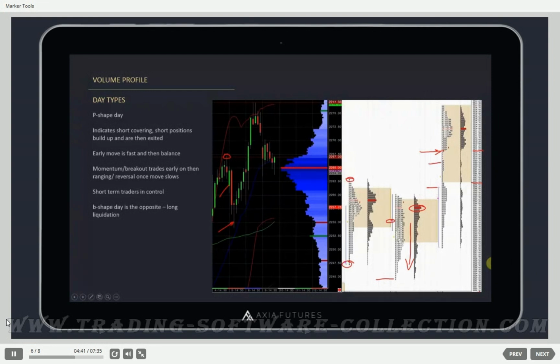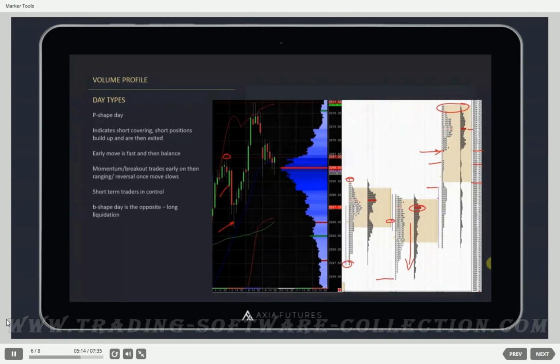So stops 69.5-ish, quite a tight risk reward, and then you're just looking for rotation back up this range, back up towards the VPOC, and then perhaps somewhere towards the high of the day as well, towards the 77, 76 area. So that's what I'd be looking for on a P-shaped day. It tells you the type of trading you want to be looking at early, and then what you want to be doing a little bit later on as well, because you know that people are going to start to get out, and they'll get out quick.